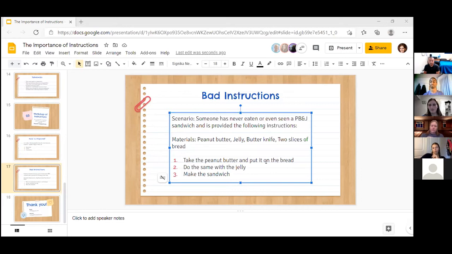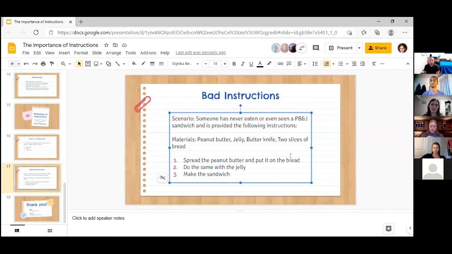Maybe for point 1, we can erase the word take and say something along the lines of spread the peanut butter on one slice of bread. Yeah, the wording here is very much not concise, and it's not very clear either because it doesn't specify which side of the bread, if you can apply it in what kind of thickness, if it has to be even.